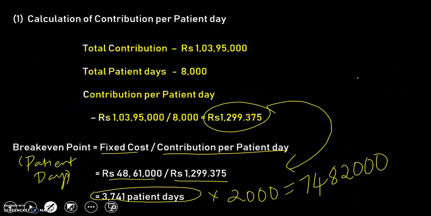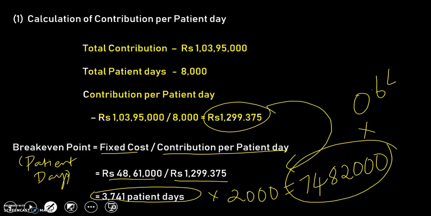So if I apply that PV ratio on this, I'll get contribution that will be equal to fixed cost. So let me multiply with this, that is into 0.6496. So let me see, 74,82,000 into 0.6496. If I do that, I am getting amount close to 48,61,000.